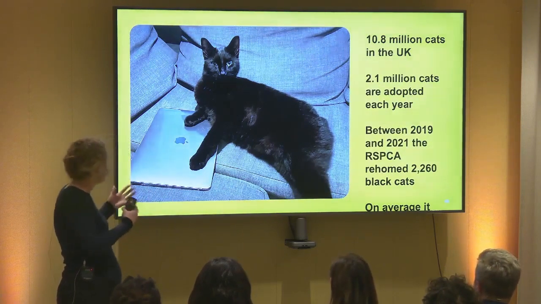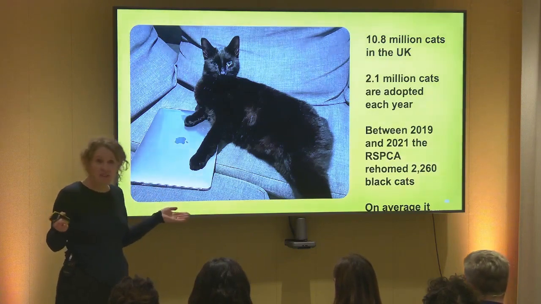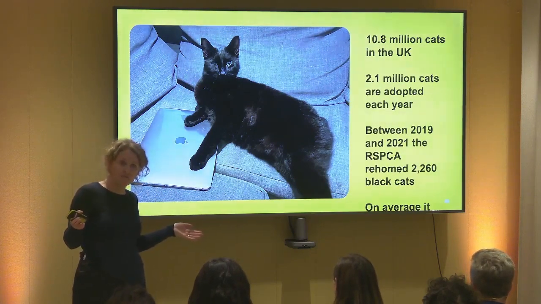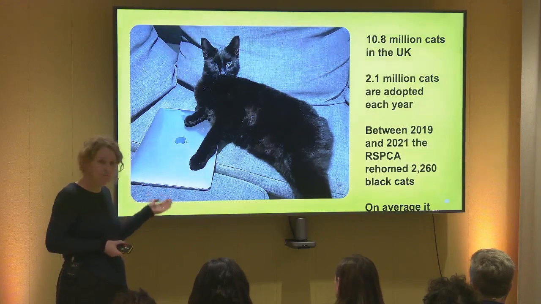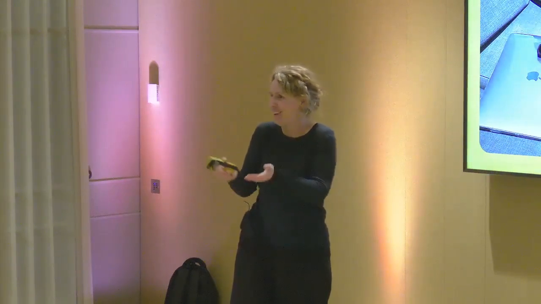Archie is one of approximately 10.8 million cats in the UK. He's also a black cat. Black cats are less likely to be adopted than other coloured cats. Intriguing fact, we'll come back to that later. What I've given you here is some qual and some quant data. The qual is my anecdotes about Archie.